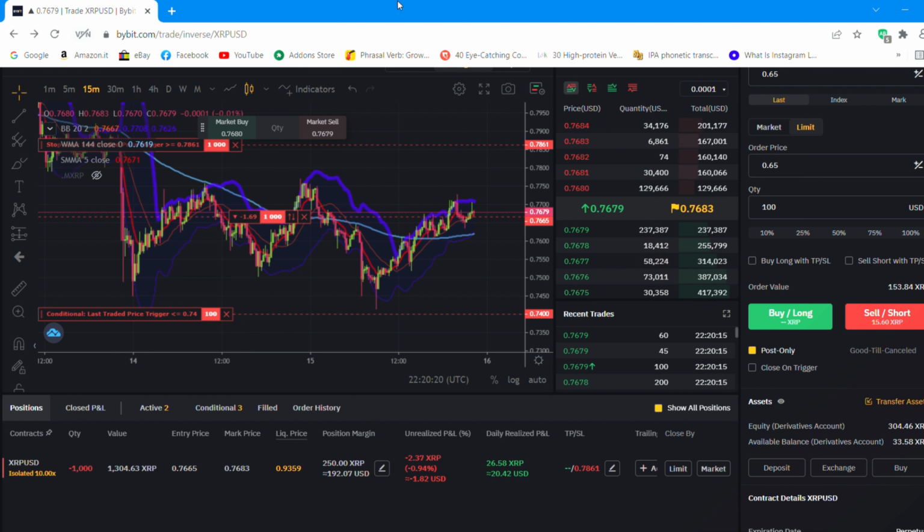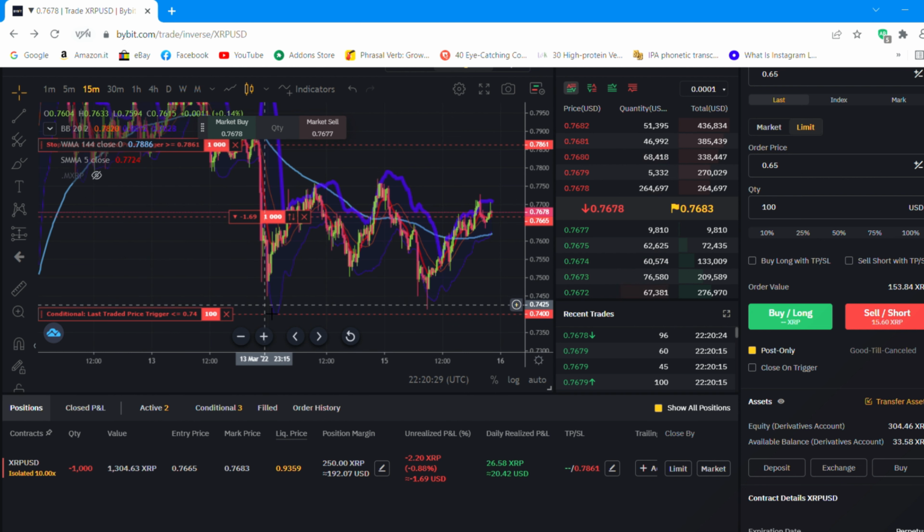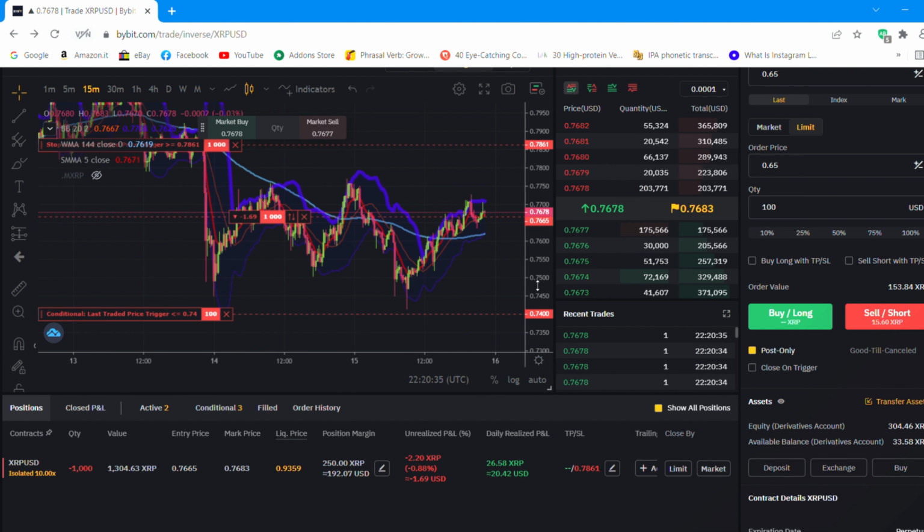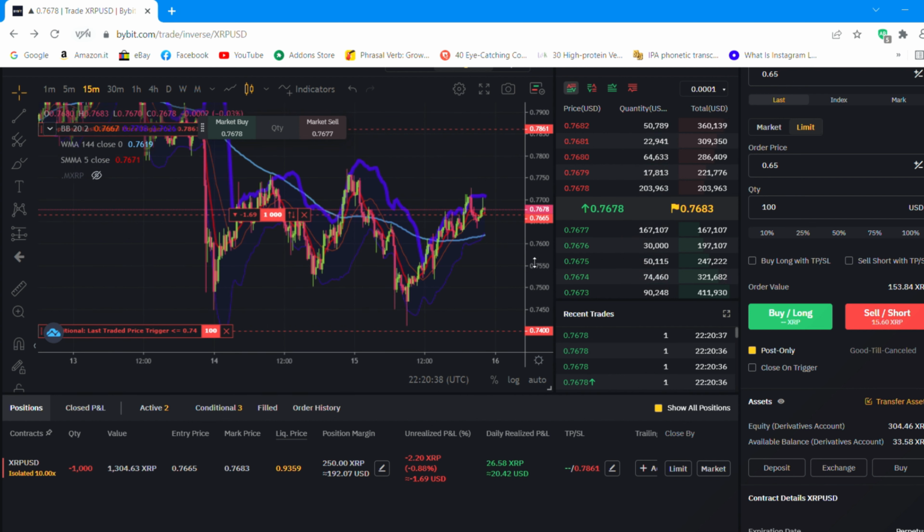I was using 15% and going in on different patterns and different formations like head and shoulders or channels, and I was losing a lot. And not because I wasn't right about the patterns, but because the market was moving very erratically, and XRP moves very erratically at times in ranges, not in patterns.